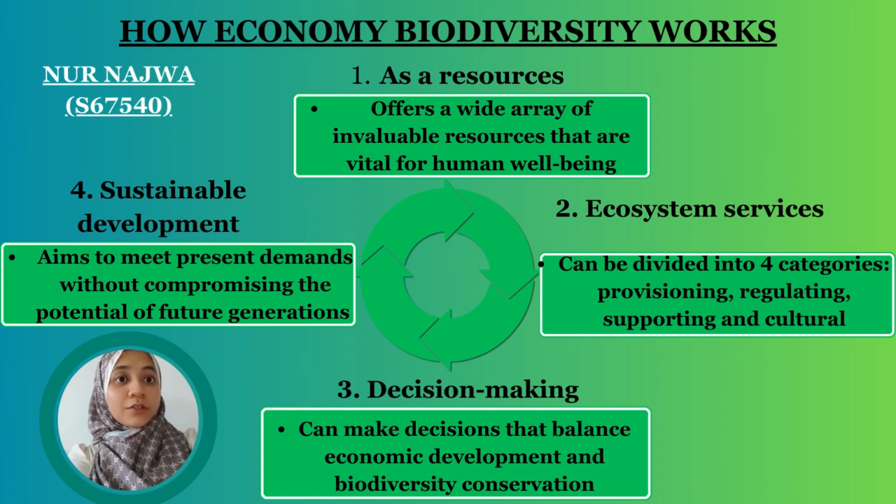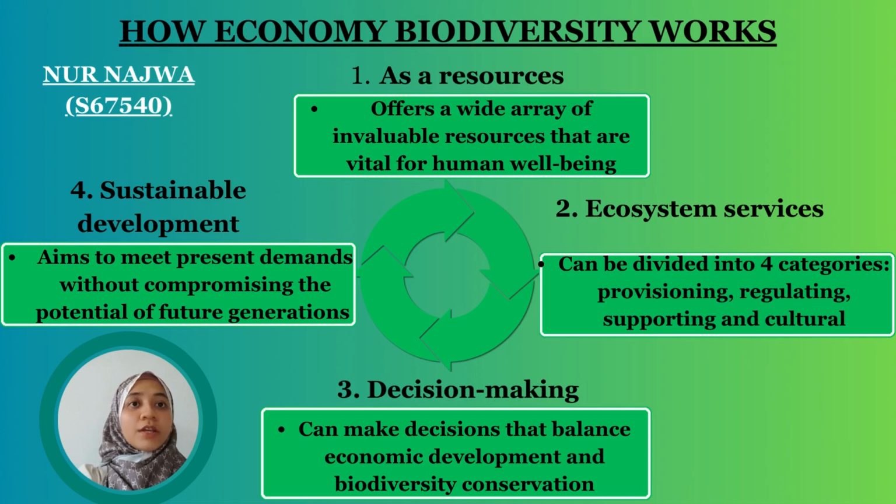How does economic biodiversity work? Biodiversity offers a wide array of invaluable resources that are vital for human well-being. These resources encompass necessities such as sustenance, medication, unpolluted air, water filtration, regulation of climate, as well as cultural and artistic significance.